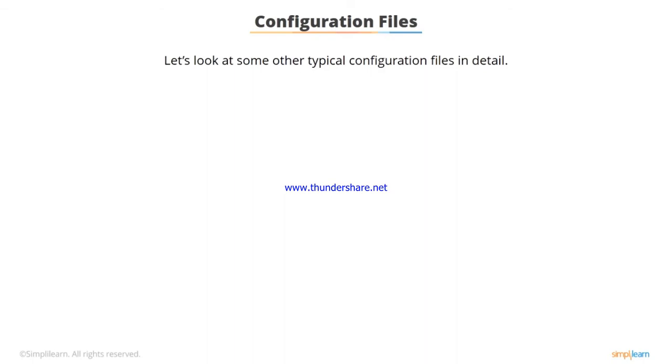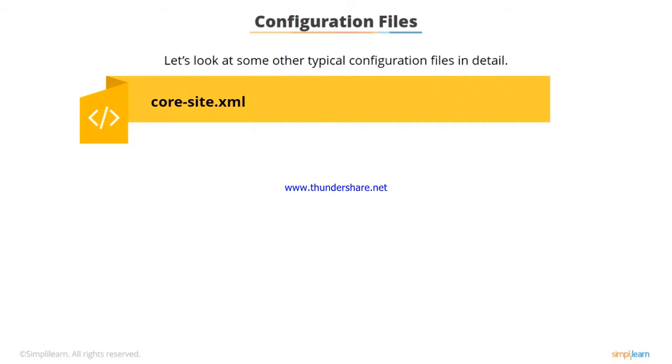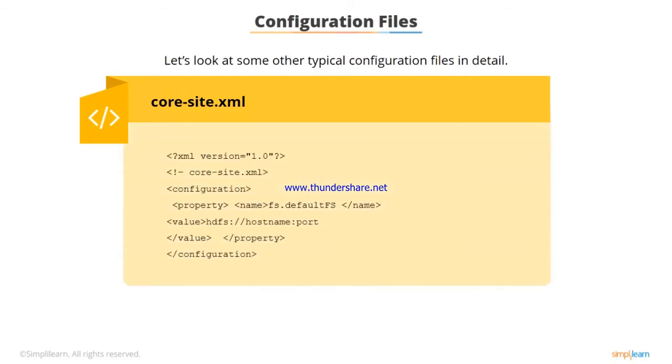Let's look at some other typical configuration files in detail. In core-site.xml, you can specify the configuration for the master or name node for the HDFS. To run HDFS, at least one machine should be designated as the master.